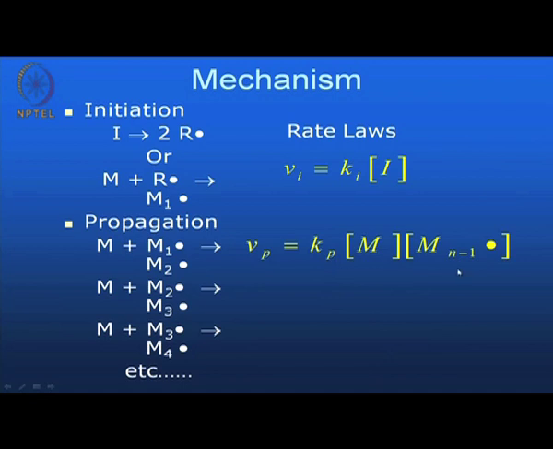If a reaction is producing an nth mer, a polymer with n monomers, you can write the rate expression as some constant times the monomer concentration times the concentration of Mn minus 1 dot.